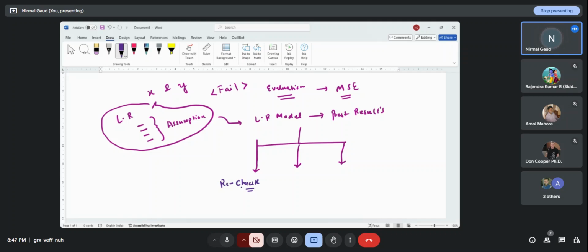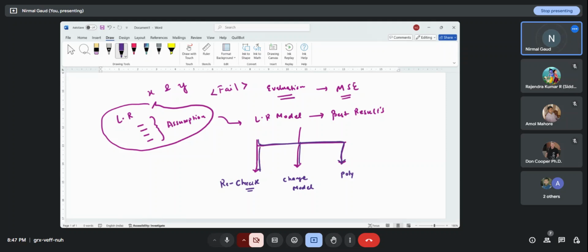Second is change your model. Okay, linear regression is not giving good results, so use any other model. Third, it may happen that if linear is not giving the result, there might be a polynomial relationship. These three options you have to apply.